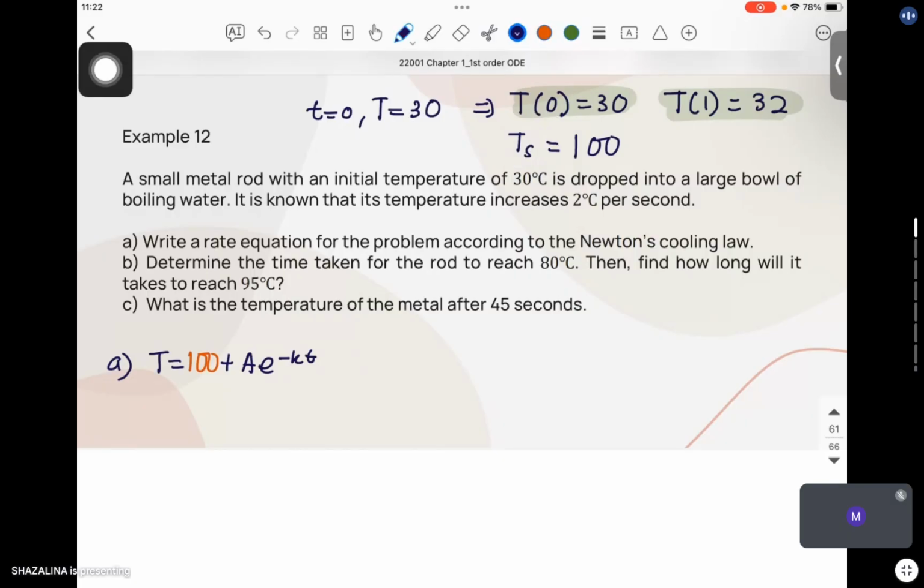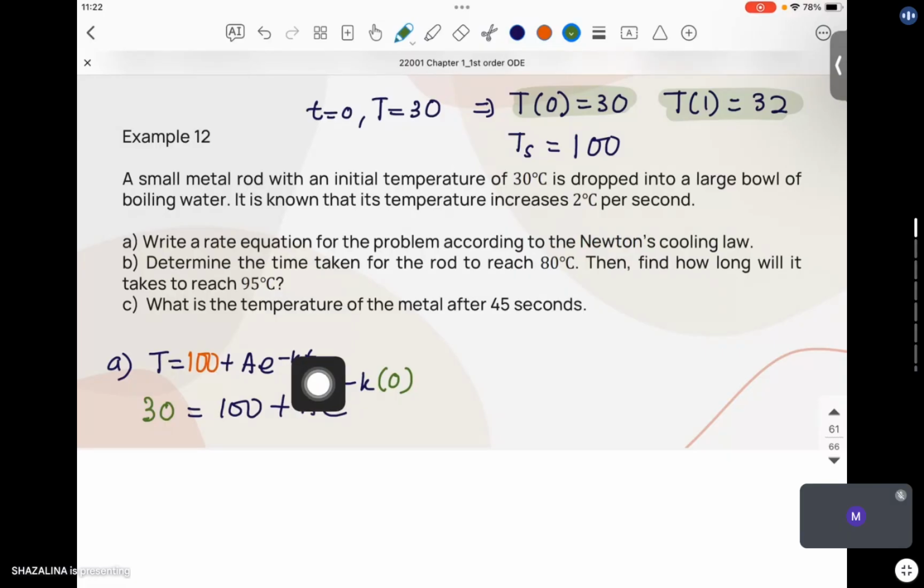Condition yang pertama, 30 equals 100 plus A, we don't know the value of A, exponent negative k, in bracket 0. Okay, ni semua mana datang? 100 tadi because of the Ts.